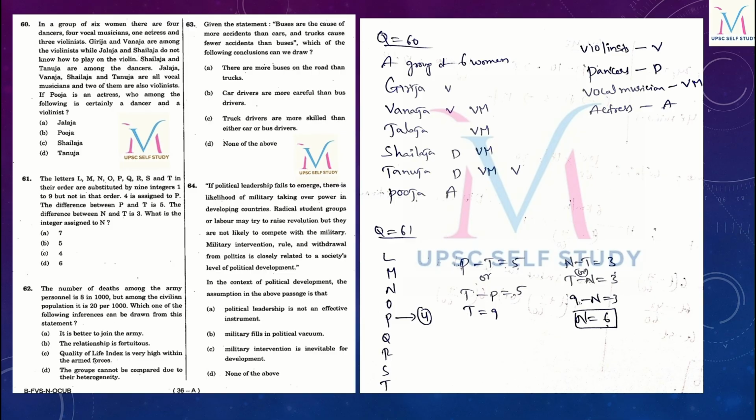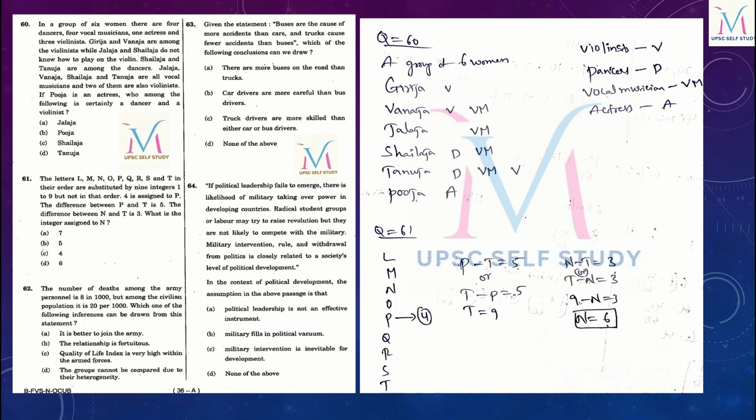Which of the following conclusions can be drawn? There are more buses on the road than trucks. Car drivers are more careful than bus drivers. Truck drivers are more skilled than the car or bus drivers. Or none of the above. Whatever may be the reason, accidents are going on, so it is the fault of all three, those who drive buses, cars and trucks.